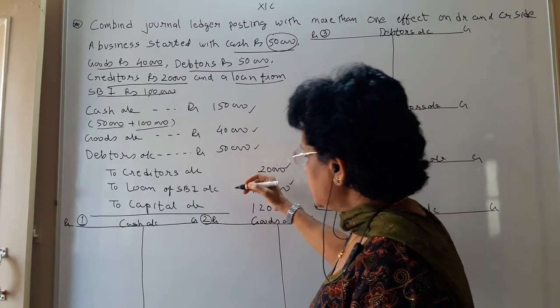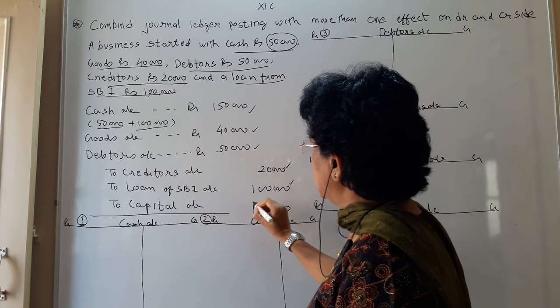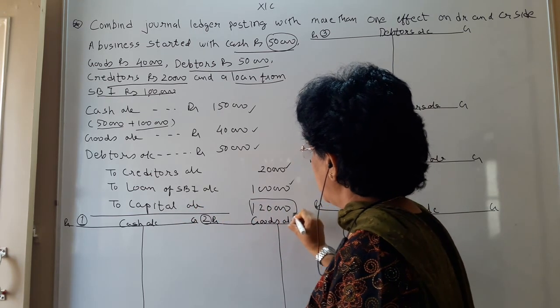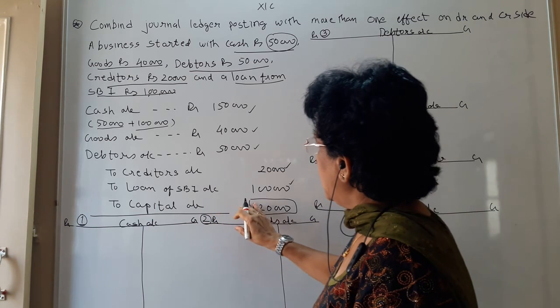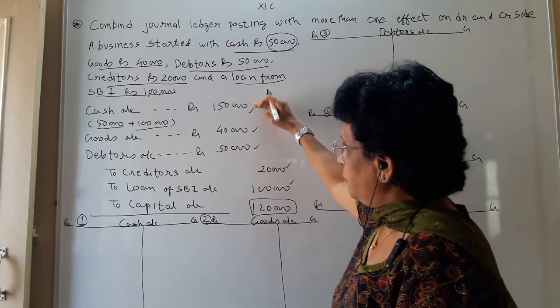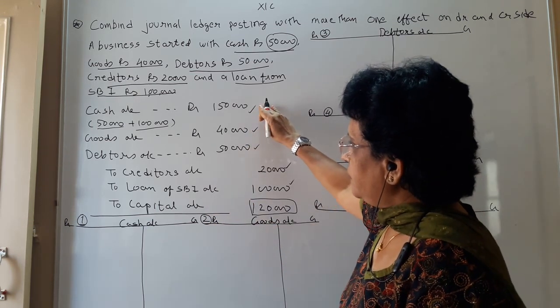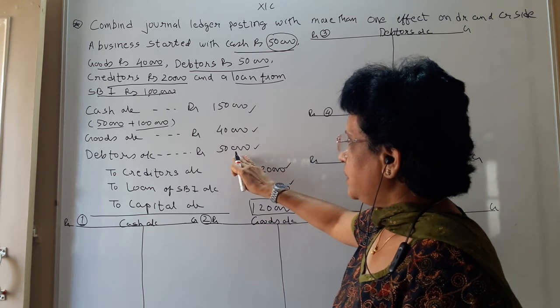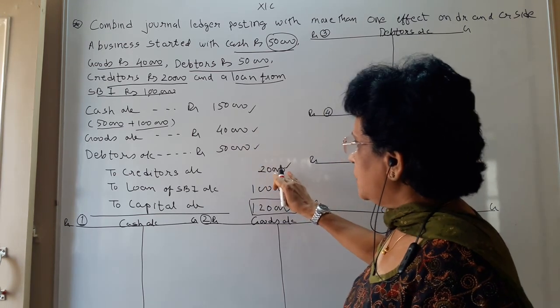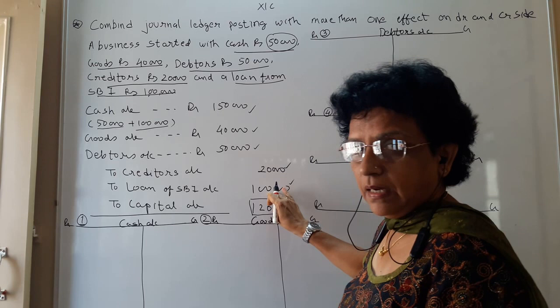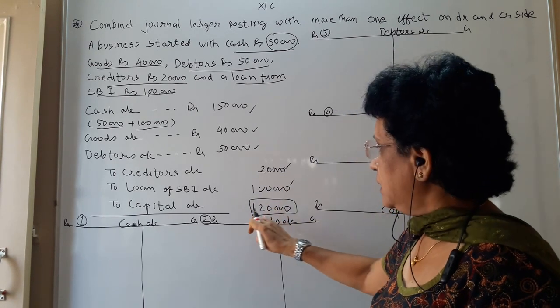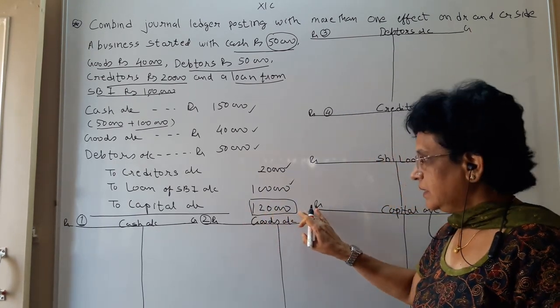Now the rest of the amount is considered to be the capital account. So to the capital account: 1,50,000 plus 40,000 plus 50,000 minus 20,000 minus 1 lakh, and you will get the figure 1,20,000.